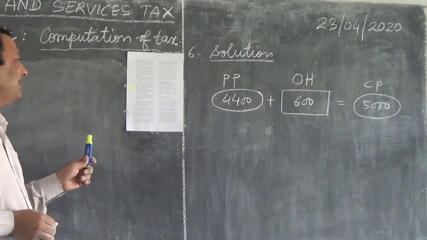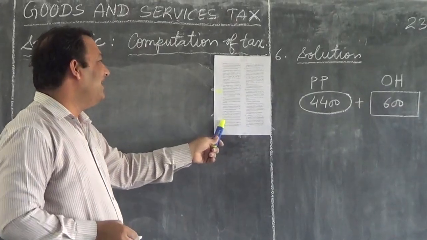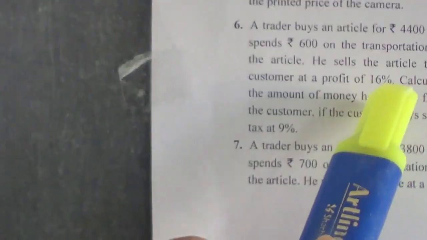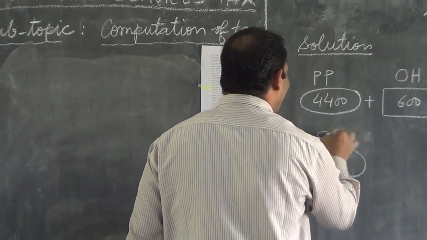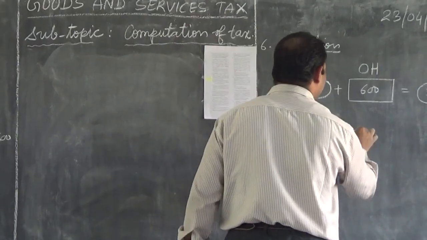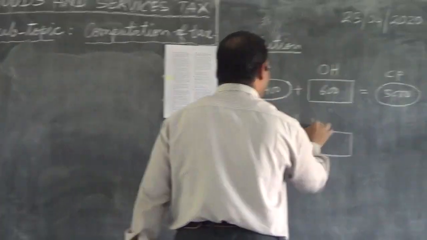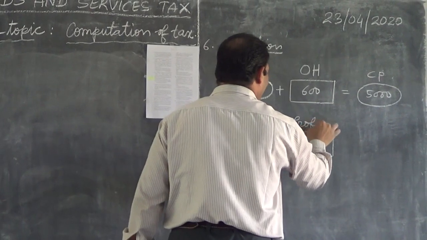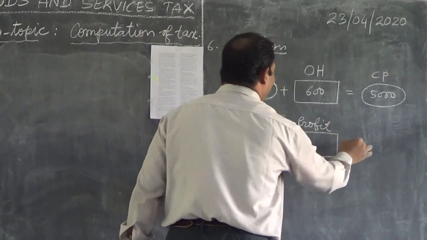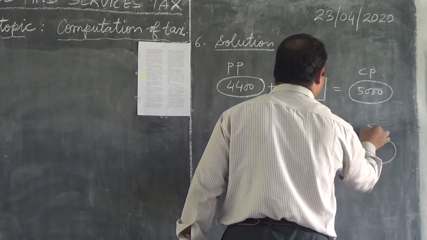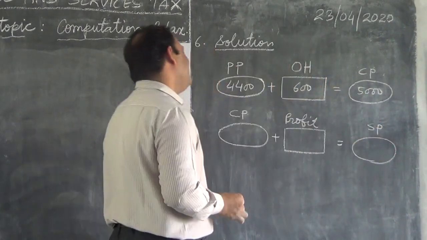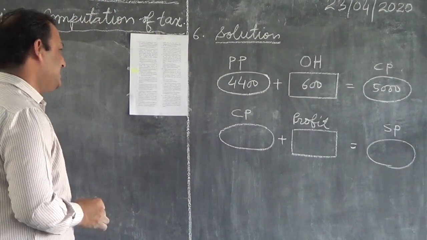Then what happens, children? He sells the article to a customer at a profit of 16%. Now this is CP and plus profit. CP plus profit will give SP.